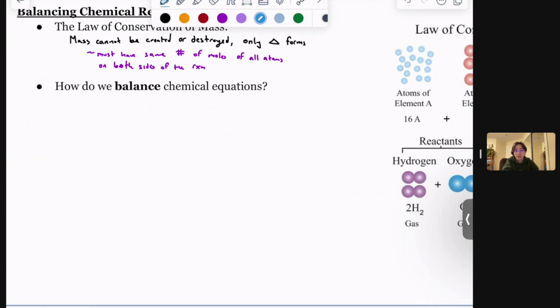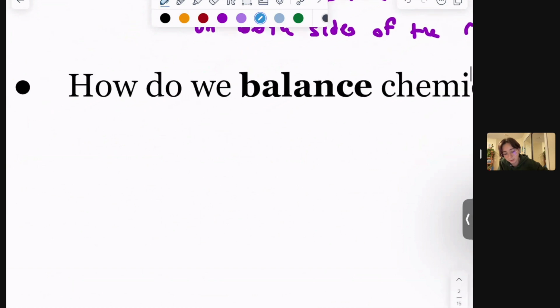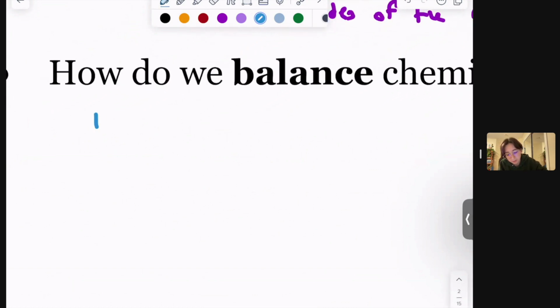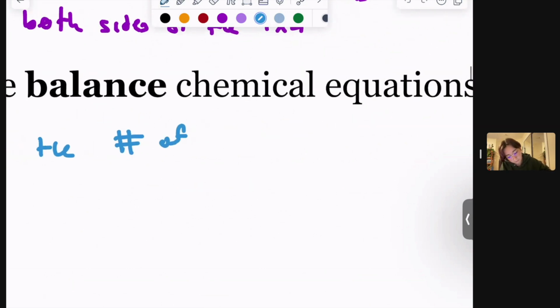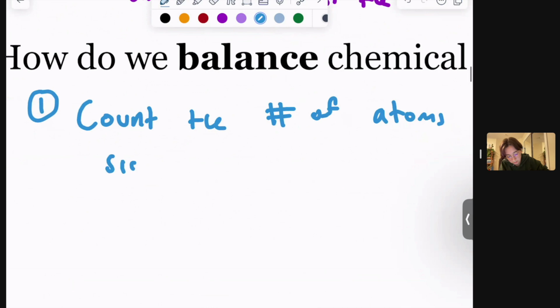There's lots of different strategies. If the way I do it doesn't work for you, there's lots of different ways you could approach it and find one that works for you. I'm not going to go through it step by step because hopefully this is something we've already practiced. But the way I do it is to count the number of atoms on both sides of the equation.